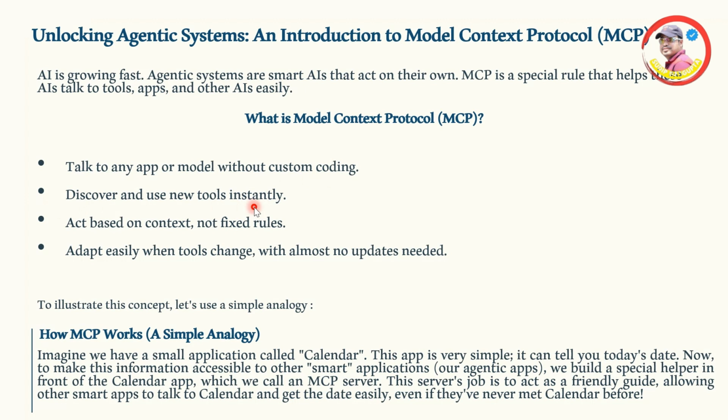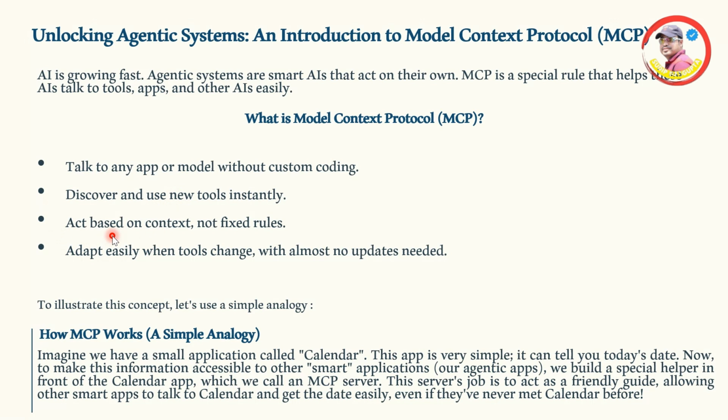What do you mean by that? For example, you do not want to travel by air, you want to travel by rail. So this small robot running on your system can also talk to, say, the railway system to book your rail tickets. Next, it can act based on context. The small robots that you are running can act based on your context and not based on fixed rules. That means you have given it a context that you need to travel to maybe New Delhi tomorrow morning.